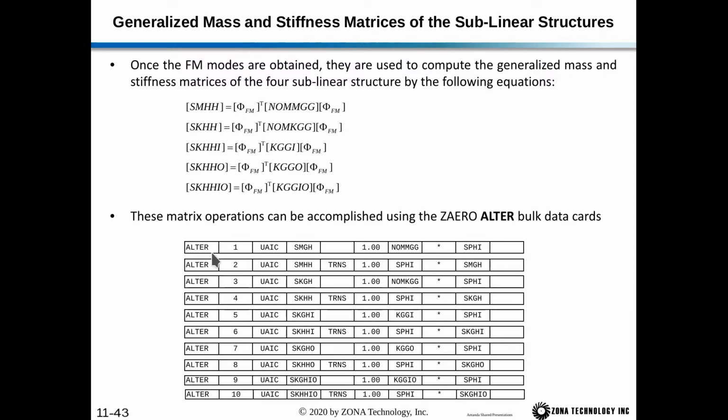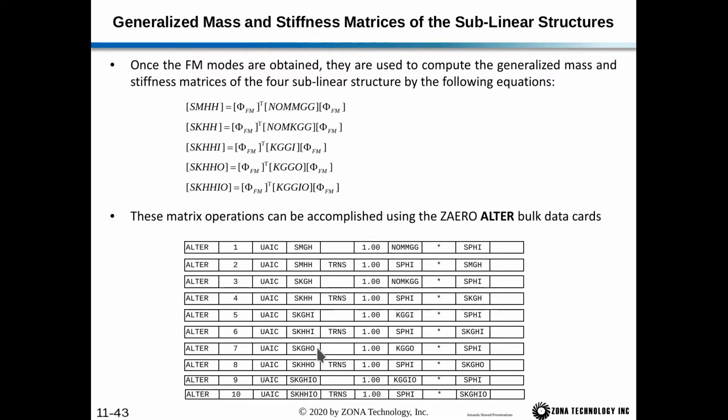So using the alter card, we'll go through the mass here as an example. We start out with the nominal MGG, which remember was imported into ZAERO using the assign matrix command. We post multiply that by SV to get SMGH, and then we pre-multiply SMGH by the transpose of SV to get SMHH.